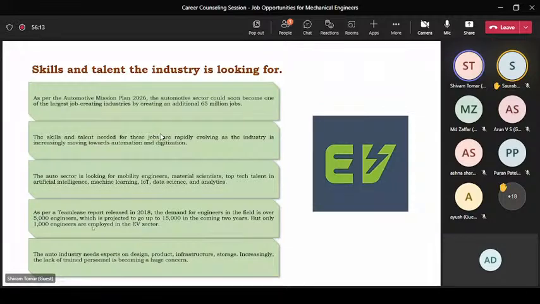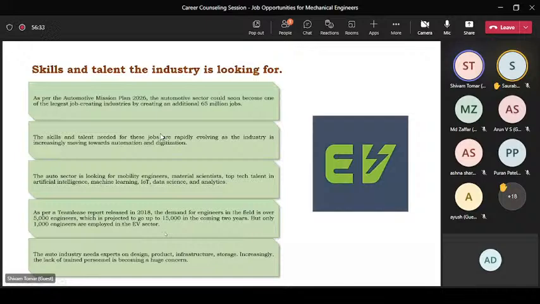The demand is 15,000, and only 1,000 engineers are able to make their career in the EV sector. Why? Because of lack of information, lack of knowledge, lack of skills. People are not able to make it into it.